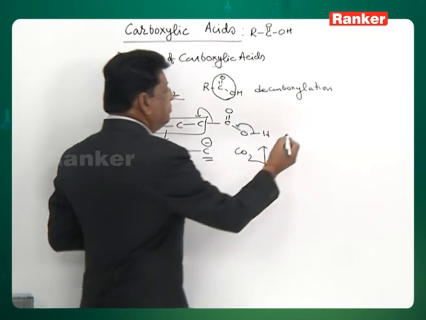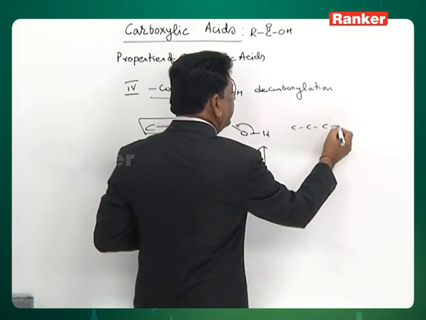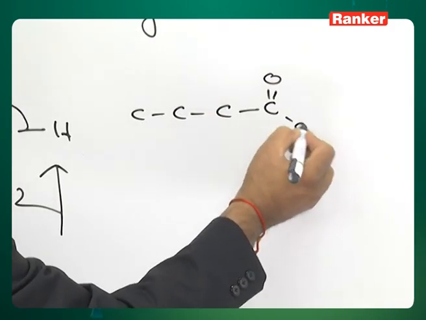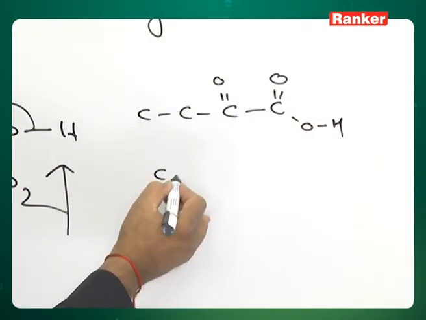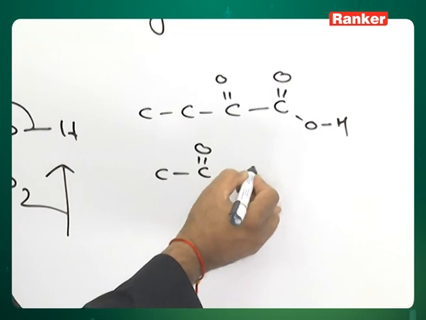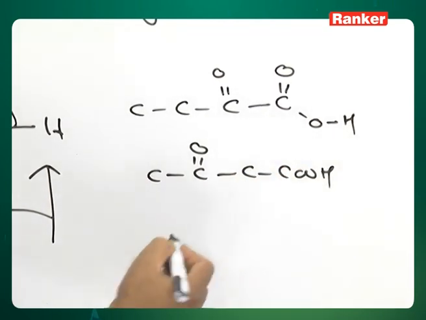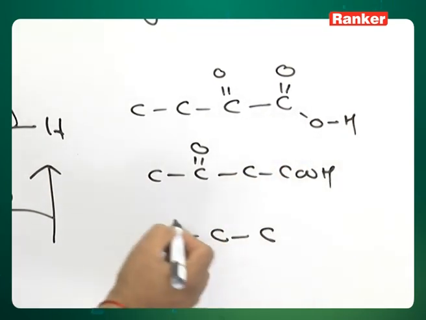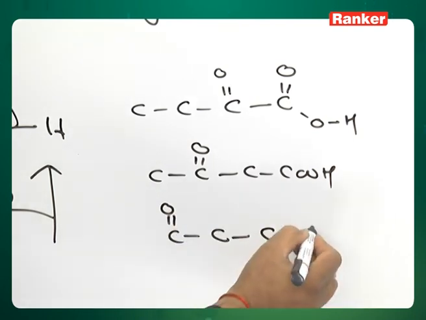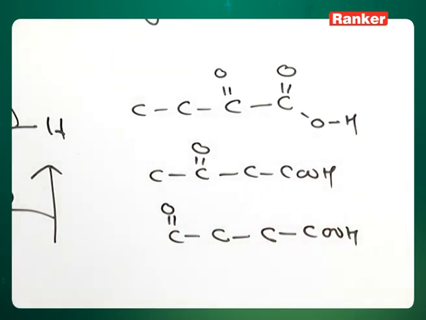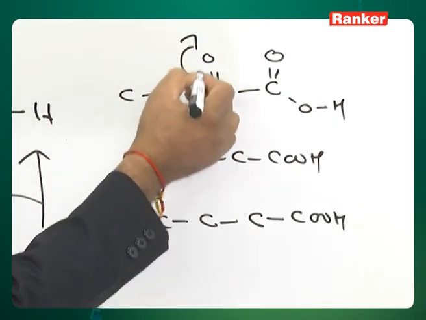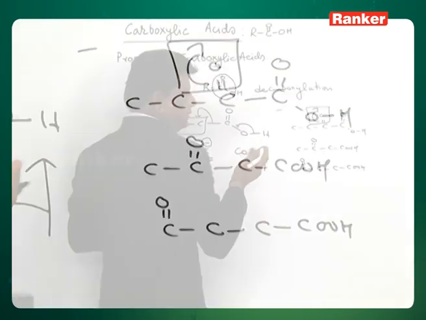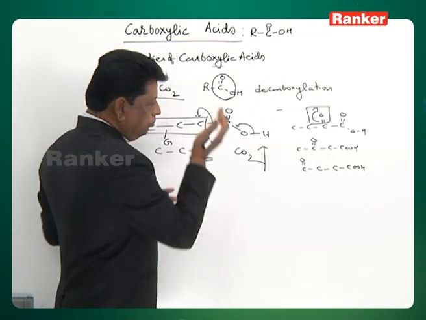So, in this system, for example, if you have a carboxylic acid having a carbonyl group on the alpha carbon, beta carbon, gamma carbon and so on, let us put the carbonyl group in different places. The carbonyl group is obviously an electron withdrawing group, a minus, pulling group.